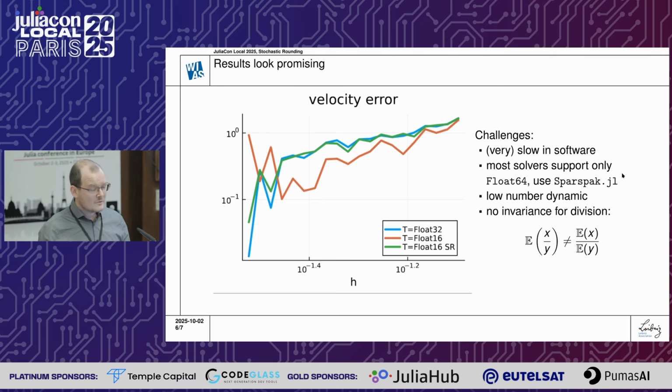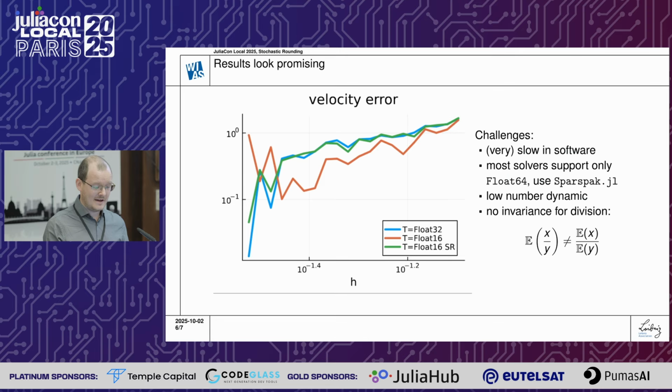And another part from a research point of view is that you cannot solve linear systems and keep the expected value of your solution, because the expected value of 2 random variables that are divided is not the same as the division of the 2 expected values. So keep that in mind. Think about this for a second. You cannot solve linear systems with stochastic numbers and keep the expected value.